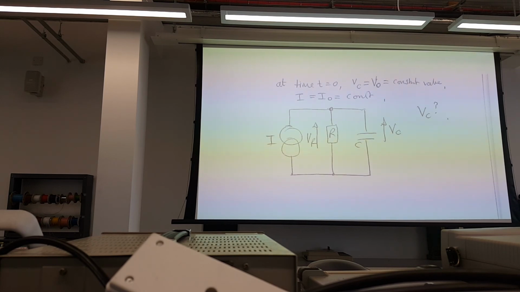What I want you to do, that I haven't done, is draw what the voltage on the capacitor is doing. Make sure you write that down.